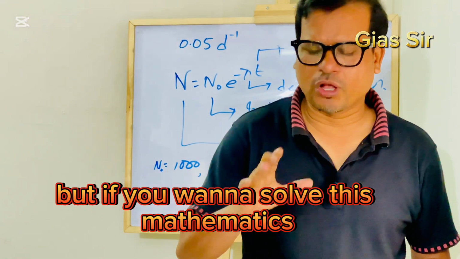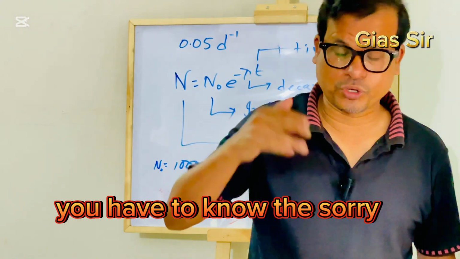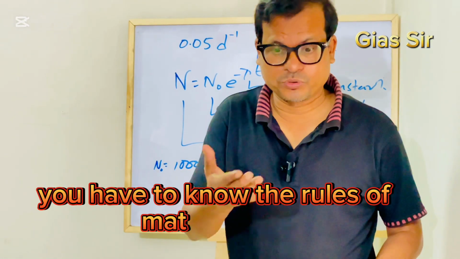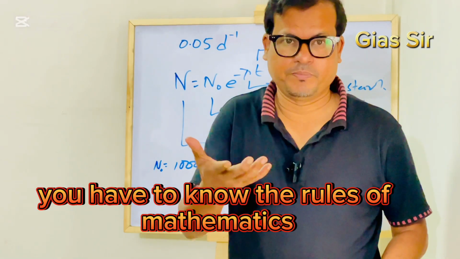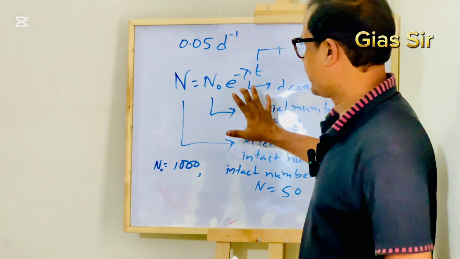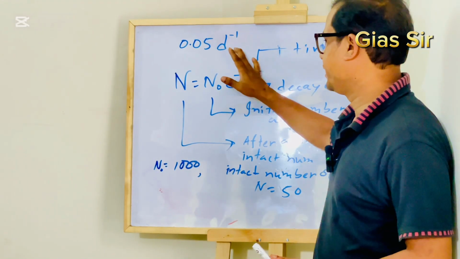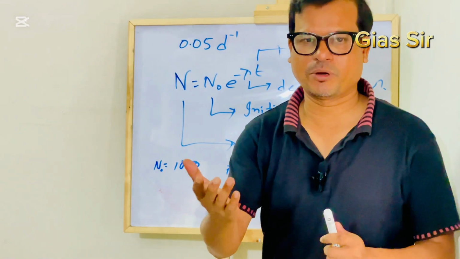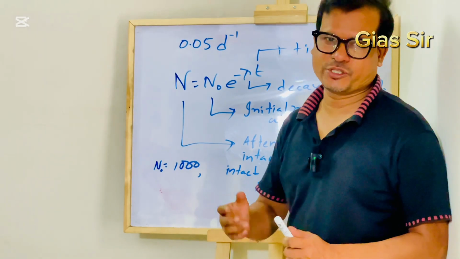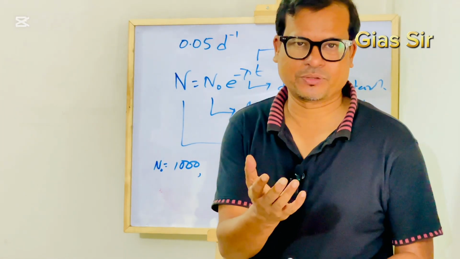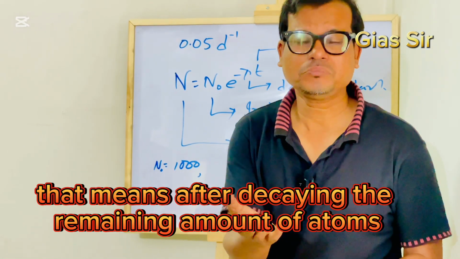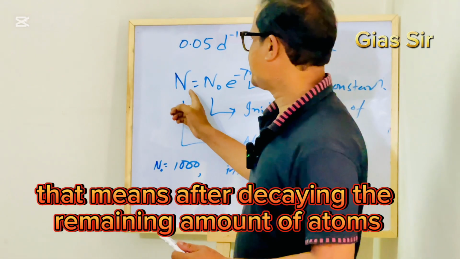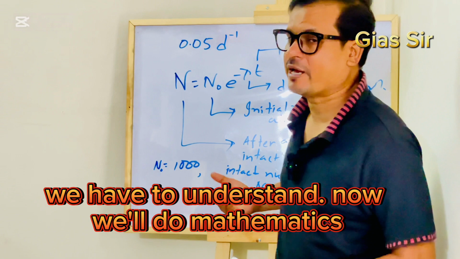But if you want to solve this mathematically, you have to know the rules of mathematics. Here lambda is the decay constant, t is time, N naught is the initial number of atoms, and N is the intact number of atoms, that means the remaining amount after decaying.